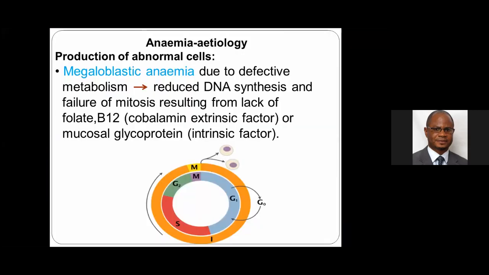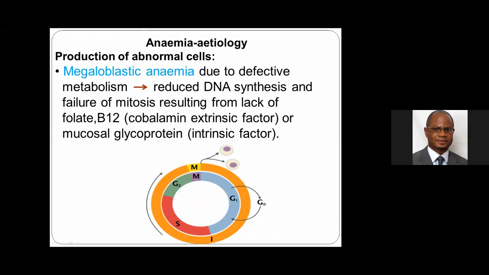Okay, so how do we produce abnormal red cells? In terms of the larger red cells, megaloblastic anemia, what happens here is due to defective metabolism as a result of reduced DNA synthesis.